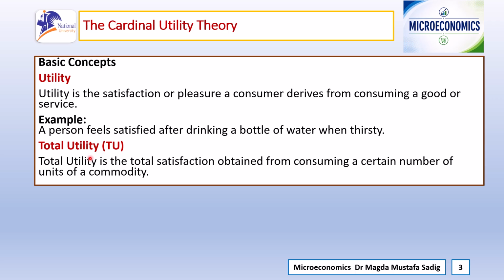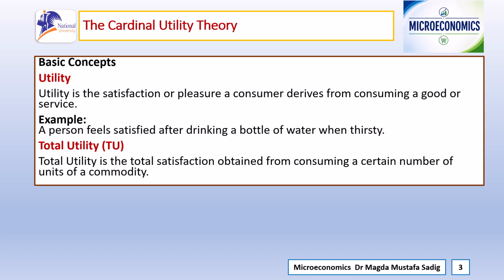Next, we have total utility. Total utility is the total amount of satisfaction obtained from consuming all units of a commodity, or a certain number of units of a commodity. Suppose you eat several slices of pizza. Each slice contributes some satisfaction. When we add together the satisfaction from all slices consumed, we obtain total utility.